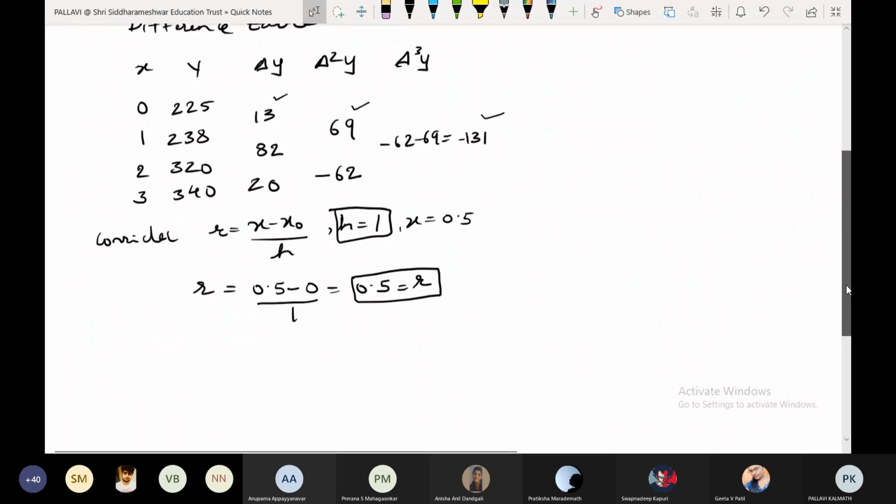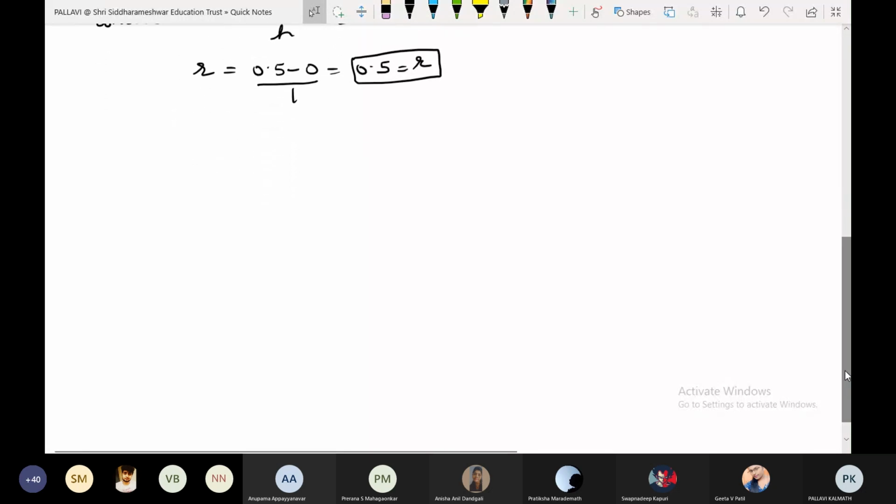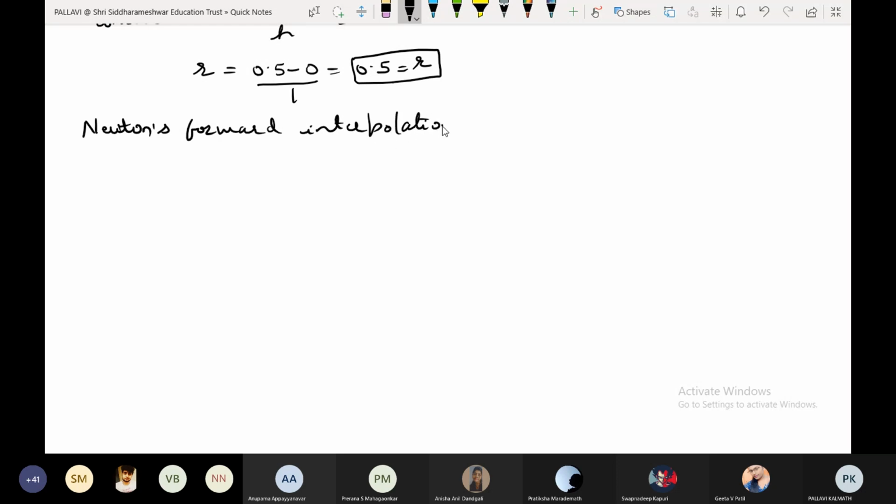So as soon as the table is formed, find the value of h, find the value of r, then write your Newton's forward interpolation formula. All of you please write in your book.